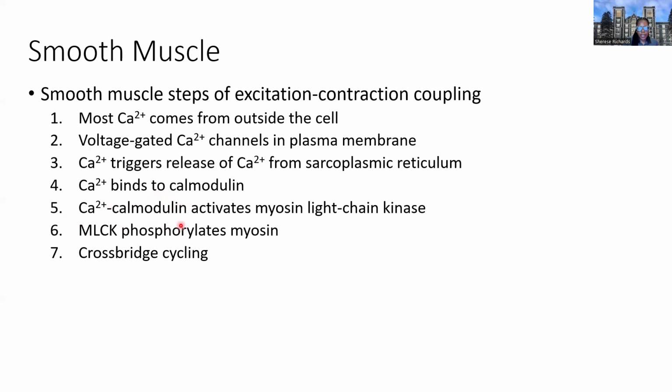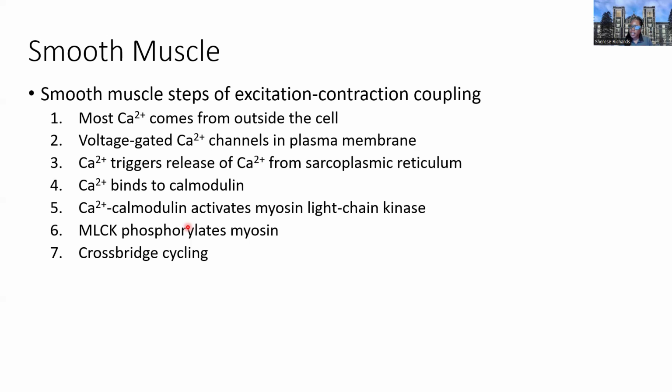And then together, the calcium-calmodulin complex will activate another protein, myosin light chain kinase, another enzyme rather, that is actually going to phosphorylate the myosin head, and that will drive the myosin dragging and drive the cross-bridge cycling.